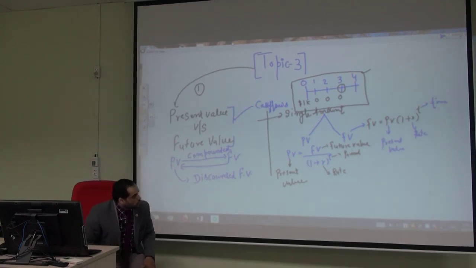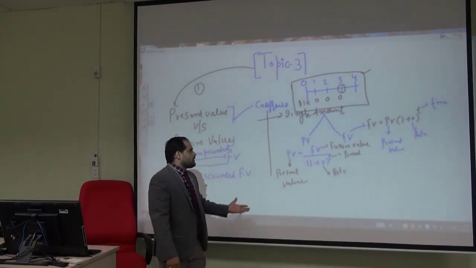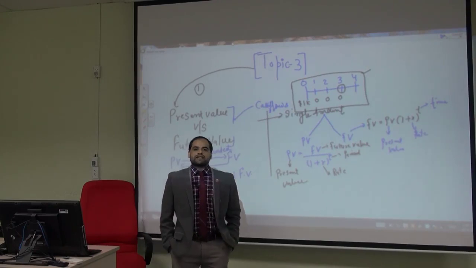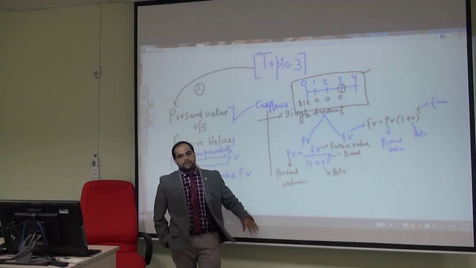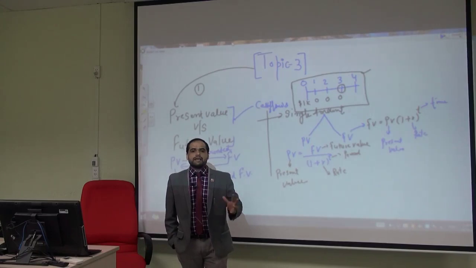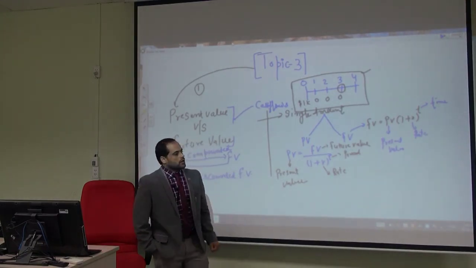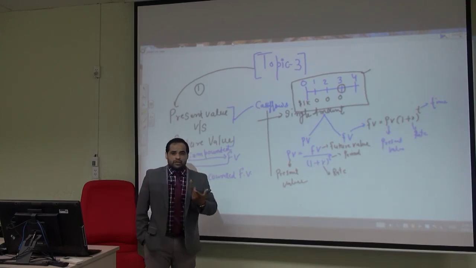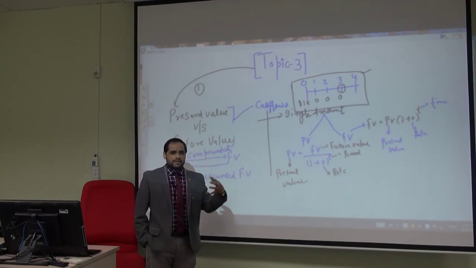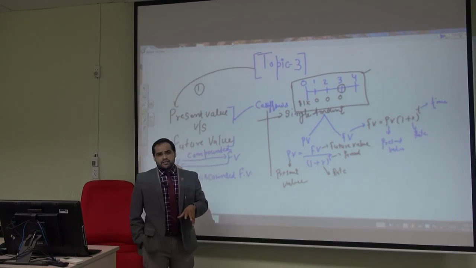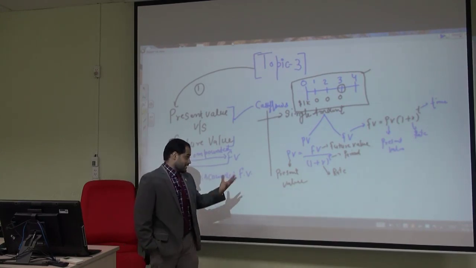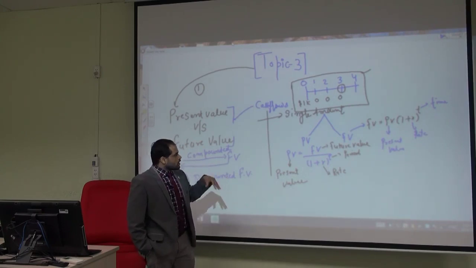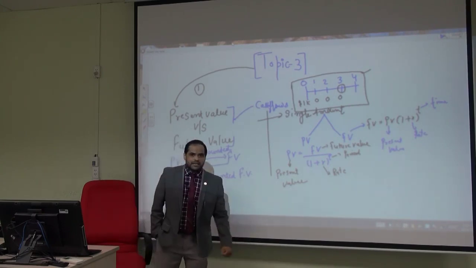So here we have our present value and future value formulas for a single amount. Remember, when we have a single amount, these two formulas will be applicable. You can have a look at your lecture slides, where multiple examples and activities are given to help you revise these formulas.